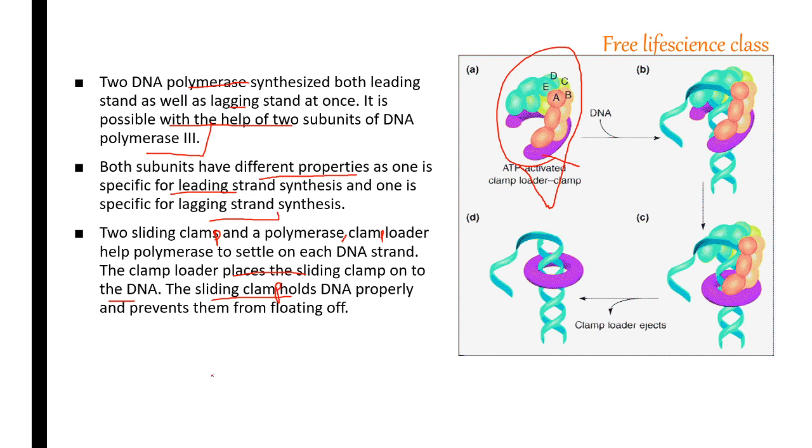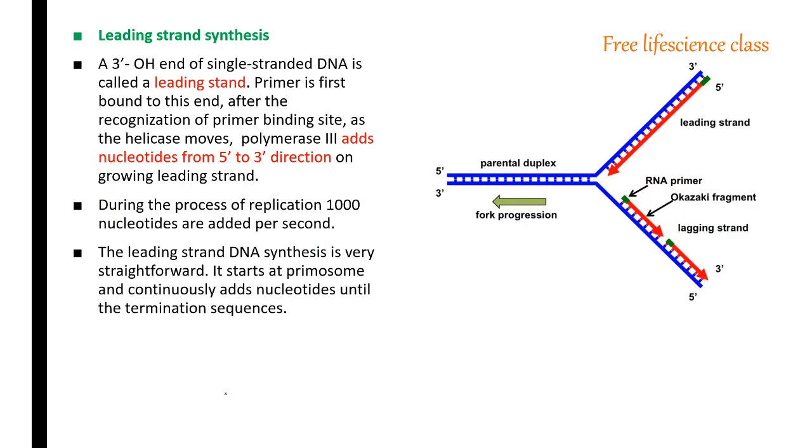That means this is our DNA, and this is our DNA polymerase. There is a chance of DNA polymerase to dissociate from the DNA, so the clamp loader helps to firmly attach the DNA polymerase and the DNA, so that the DNA polymerase will not dissociate from the DNA.